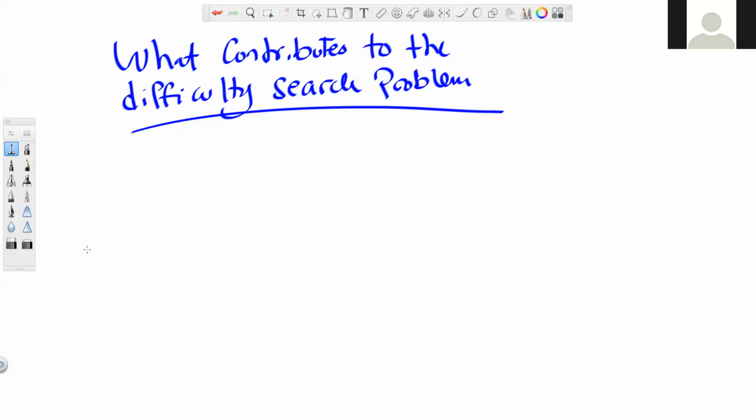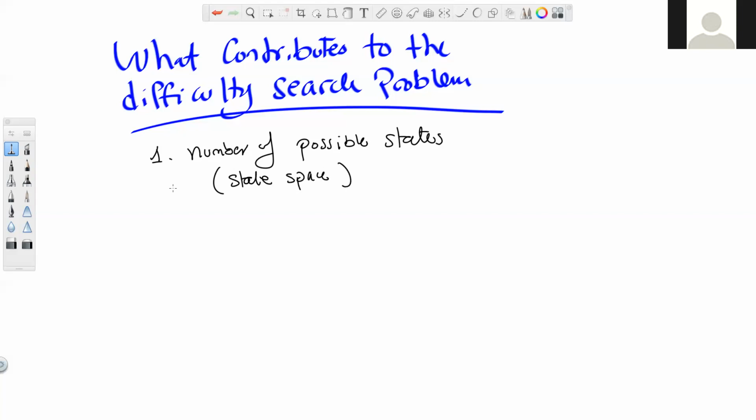So people talk about the number of possible states. Number of possible states. Okay, that makes a lot of sense. And we talk about the state space in this case, which is basically the set of states. So the number of possible states, you can imagine the larger that is, the more difficult the problem.